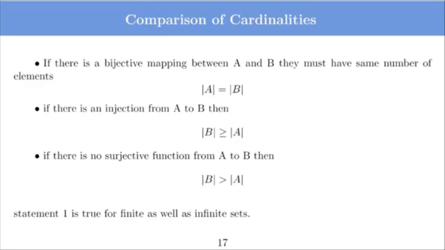If you have two sets and they are mapped one-to-one to each other, you can take one element of one set and another element of the other set, and keep on picking elements one by one from both sets, and you're always able to find a pair, and none of the sets runs out. It means both have the same number of elements. And the rest two are also in the same way.